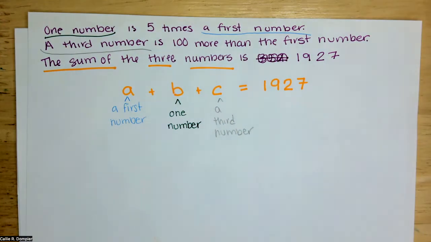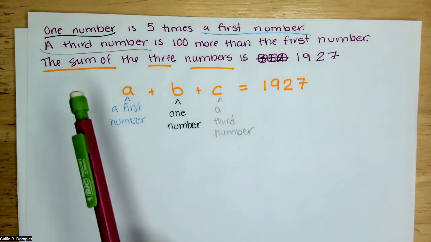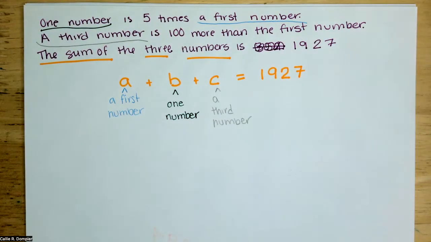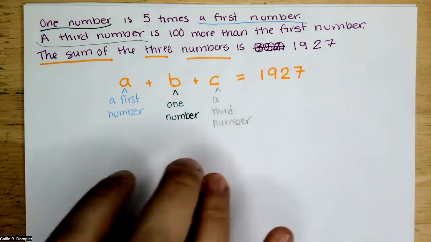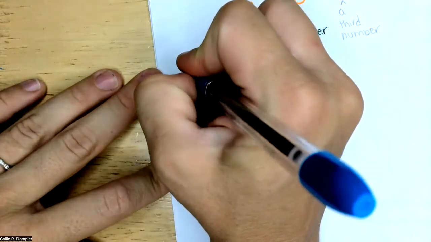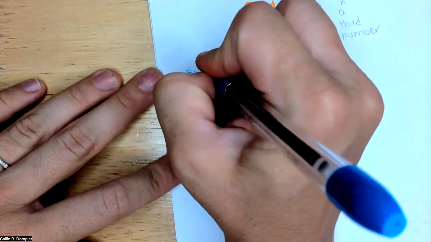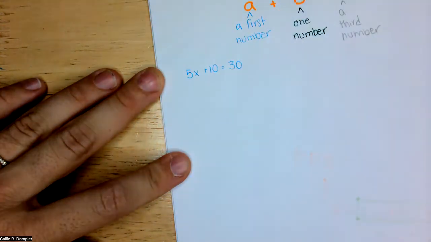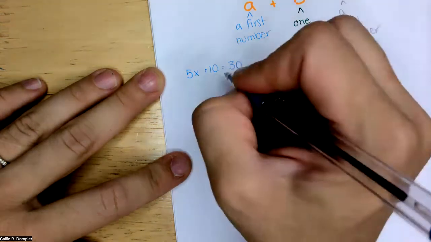Is that okay? So now we have three numbers. The sum of them is 1927. Now we just need to find these three numbers, right? What we have been practicing in this class is how to solve something in one variable, right? 5x plus 10 equals 30.